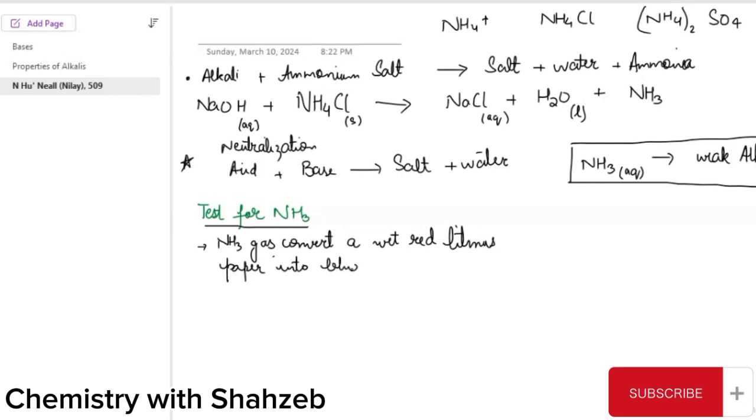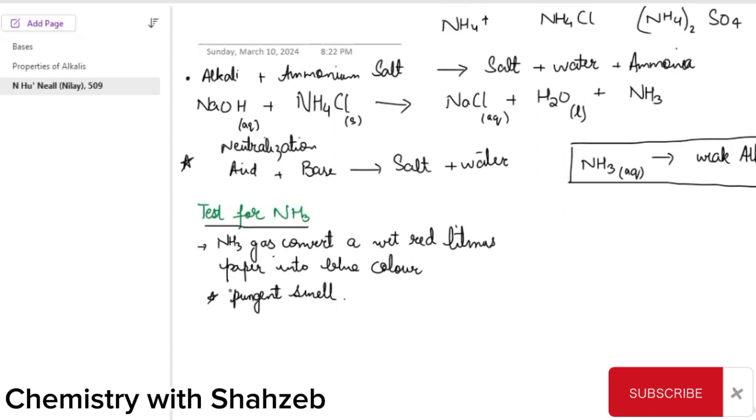As it is a weak alkali, it converts wet red litmus paper to blue. And the other thing I want to mention is that it also has a pungent smell. So I hope we have discussed every detail of alkalis.